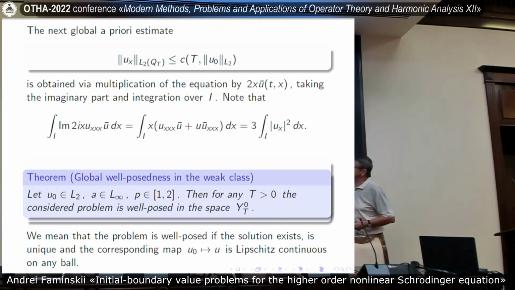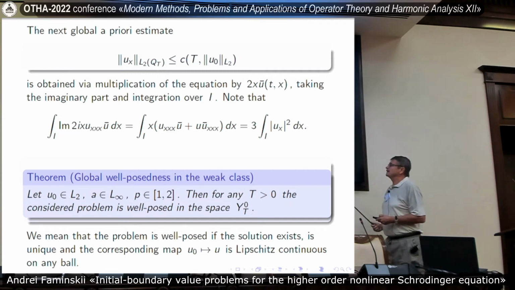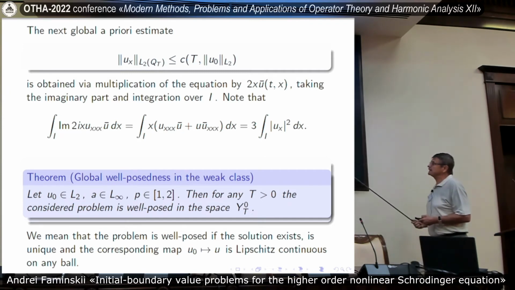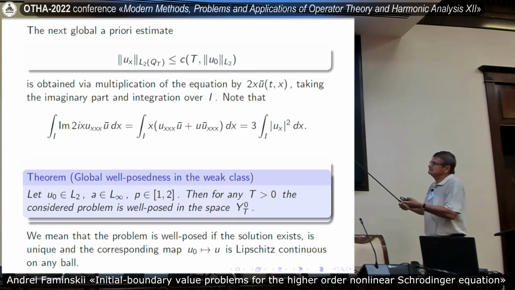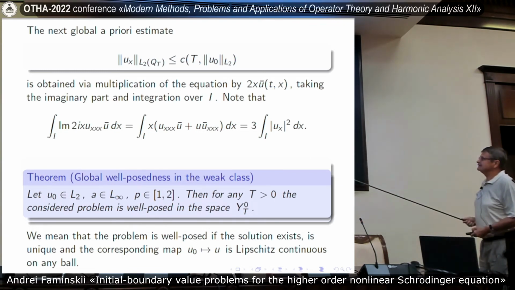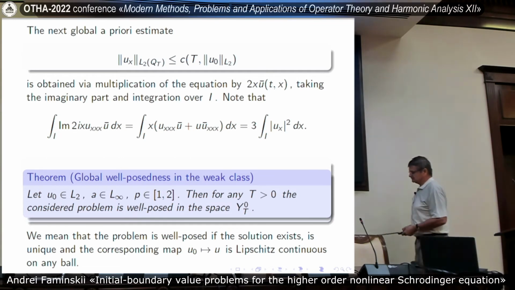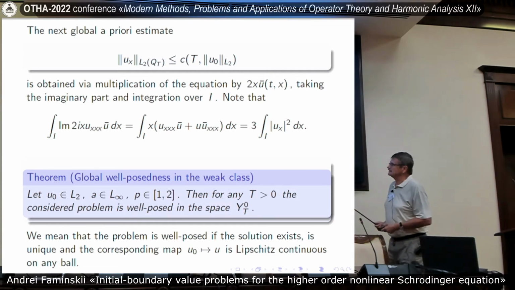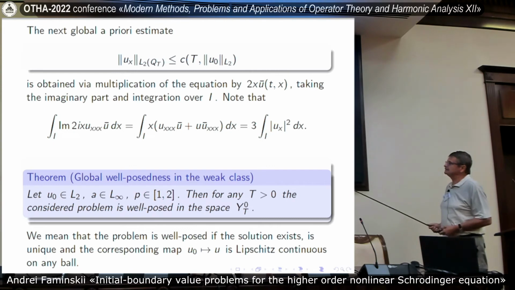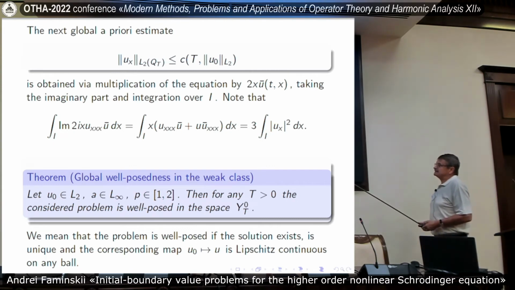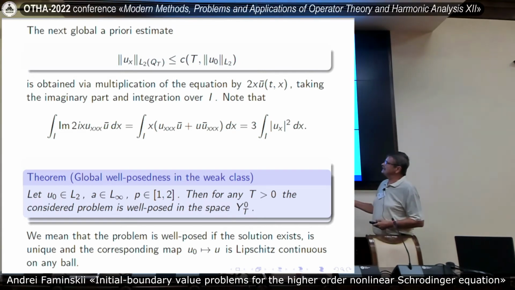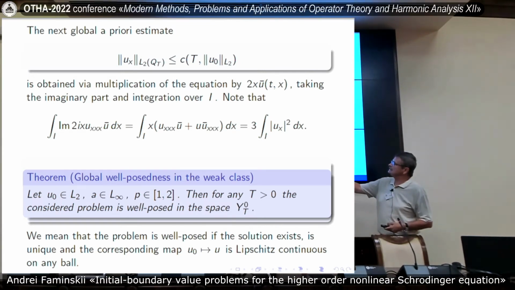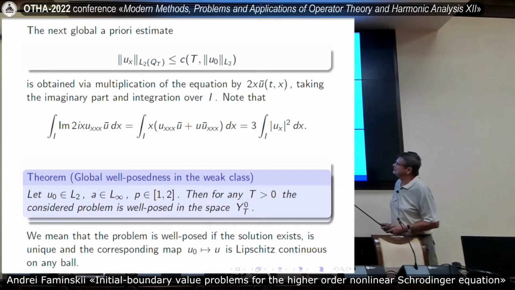If we then consider the third derivative, after simple calculations it is transformed to the following term, which is good, and it is used to obtain an extra global a priori estimate.